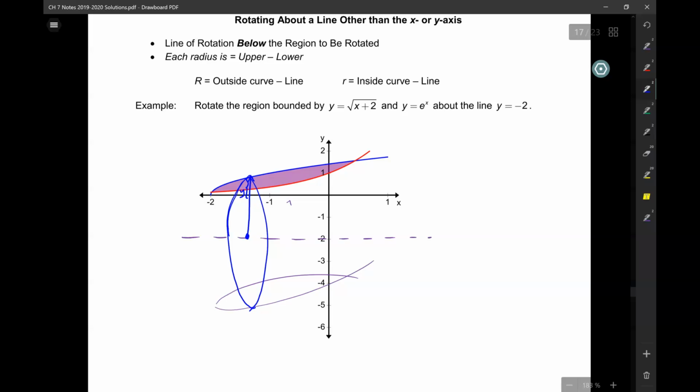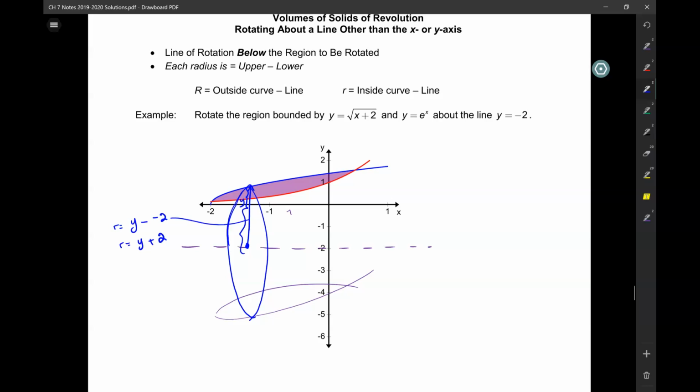And so what we're going to do is have the y minus -2. Does it make sense that that length is the y value minus -2? Well, yeah, because then we're going to have y plus 2, and that totally makes sense. I have a distance of y plus a distance of 2. And so that's how that's going to look.